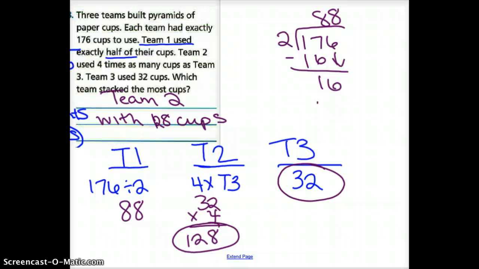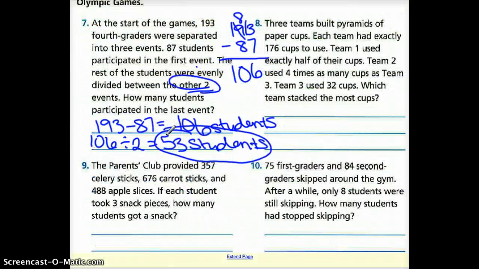All right, let's go back and look at number 9. The Parents Club provided 357 celery sticks, 676 carrot sticks, and 488 apple slices. If each student took 3 snack pieces, how many students got a snack?